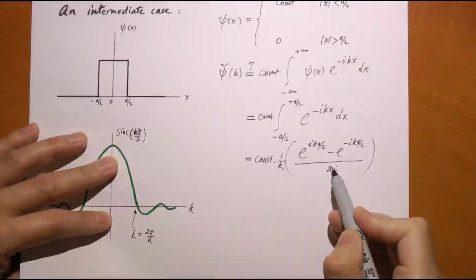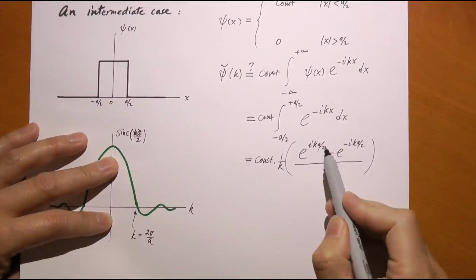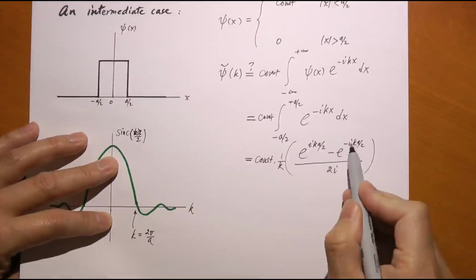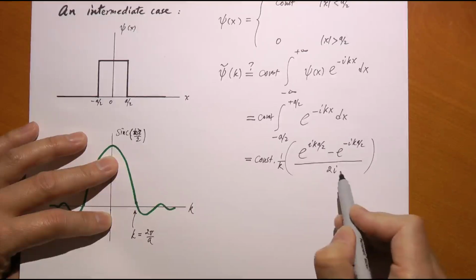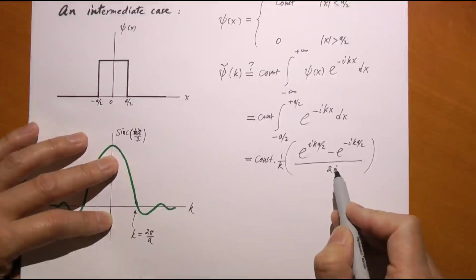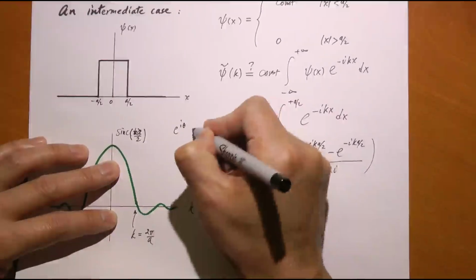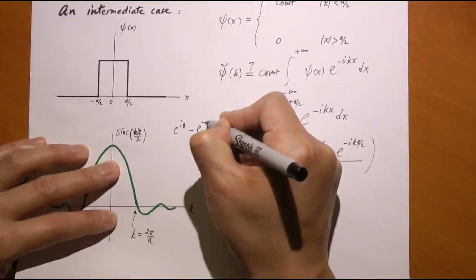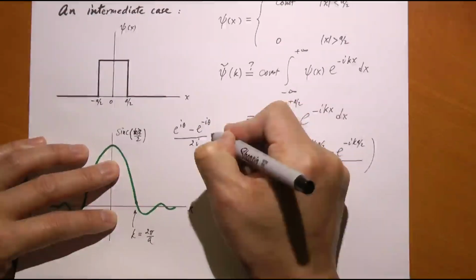This is the result of the integration. Now, this e to the power i something minus e to the power negative i something divided by 2i, some of you may recognize that. That is just a sine function. Using the Euler formula, e to the i theta minus e to the negative i theta over 2i equals sine theta.